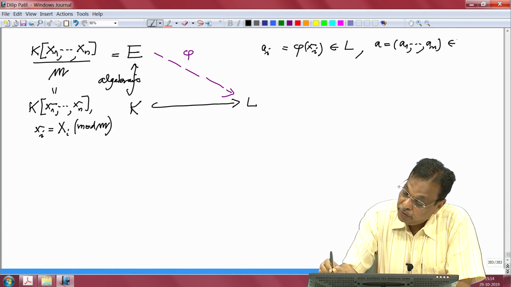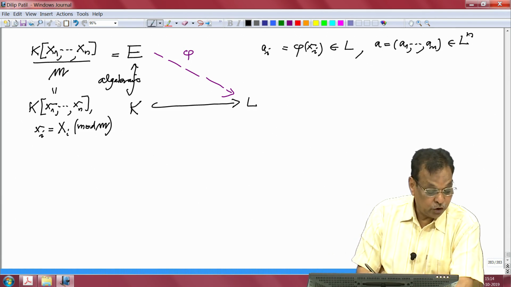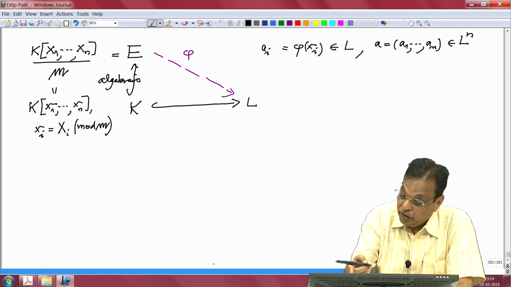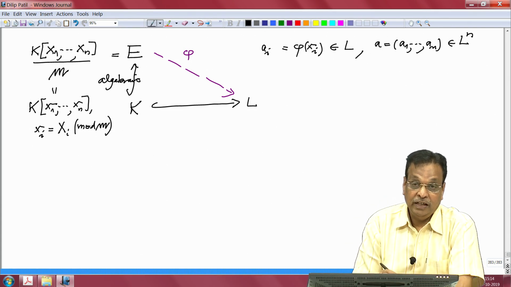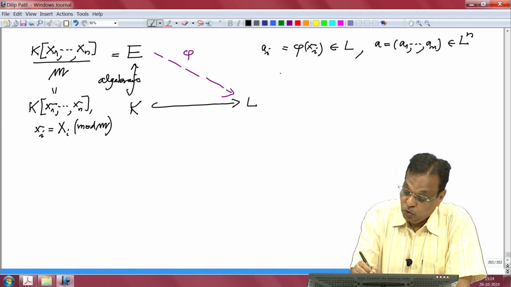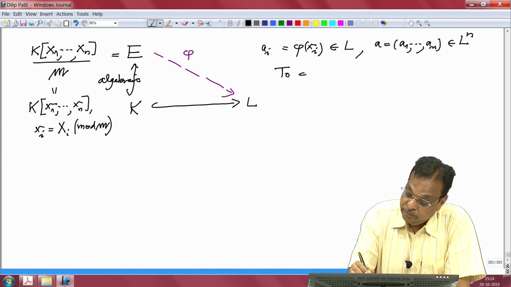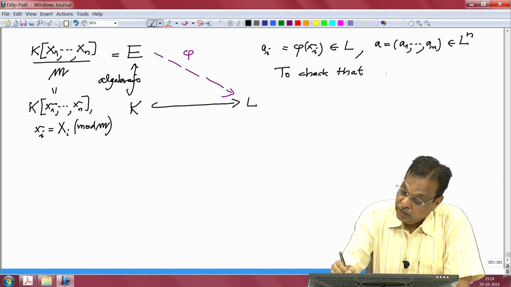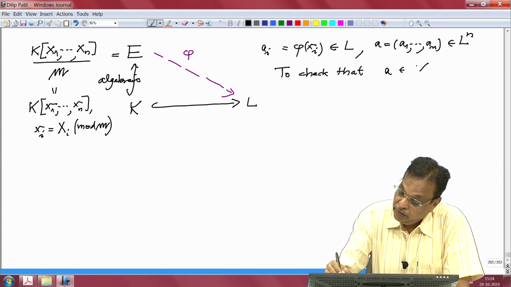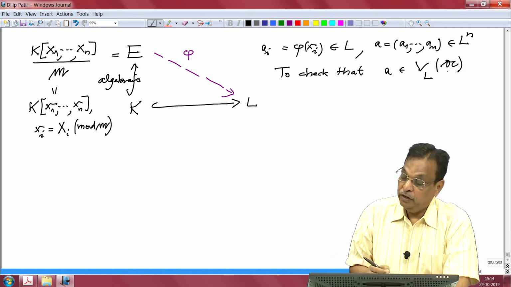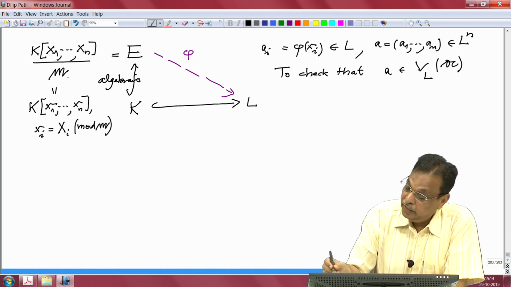This is in L power n, and then my natural choice is to check that this element belongs to V_L of the ideal A. Alright, but what is the relation between the ideal A and M?